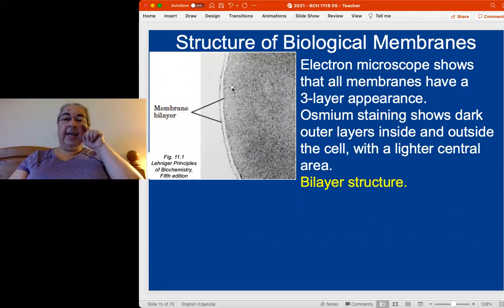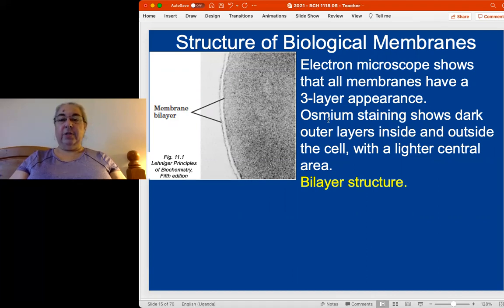and we can see those two layers in an electron micrograph. Here is a picture of a cell. Here is the inside of a cell, and here is the outside of the cell. Separating the inside from the outside, we can very clearly see two layers, two lines.